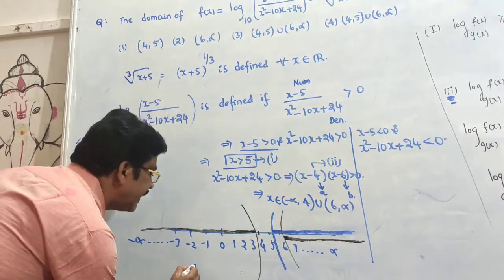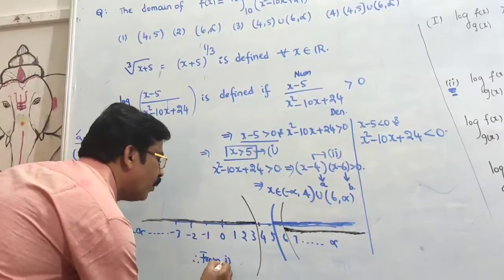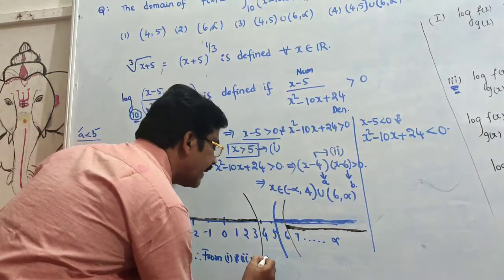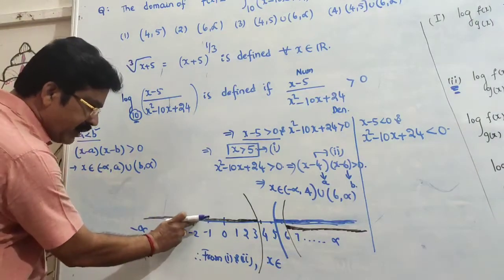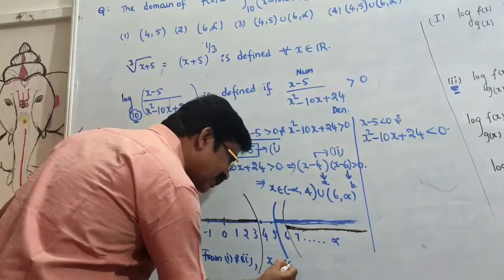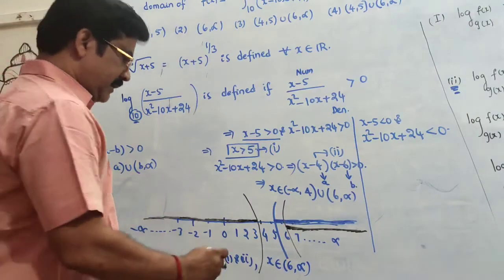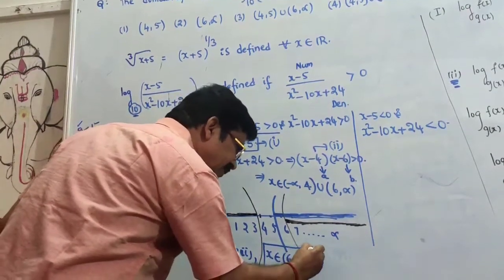So clearly from 1 and 2 we have x belongs to the open interval 6 to infinity. Let it be Roman number 1 statement.